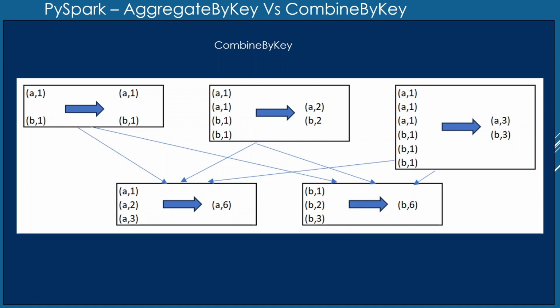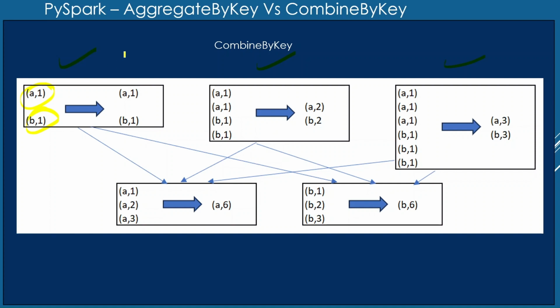So let's understand this combine by key function with the help of a pictorial representation. Combine by key is generally very similar to reduce by key. The only difference is that during the coding we need to write 3 functions. So let's understand: this is one partition, this is another partition, and this is another partition. These are the data points. Locally it will apply the aggregation function.